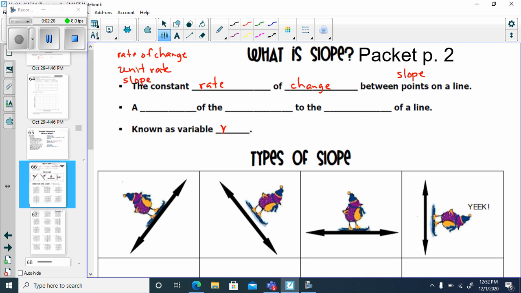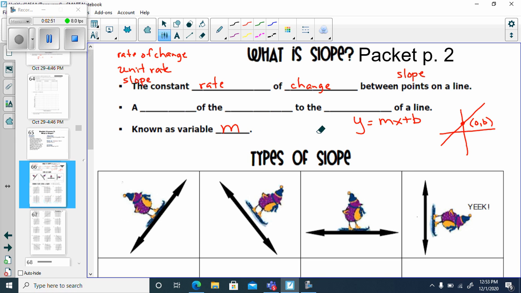The variable you're going to see is m. The equation looks like this for a line: y is equal to mx plus b, and that's when you're talking about a line that goes through the y-axis at some point b. This would be at point (0, b). That's what that line looks like.